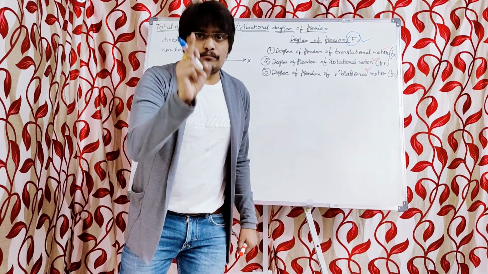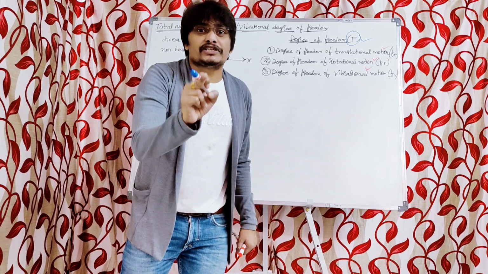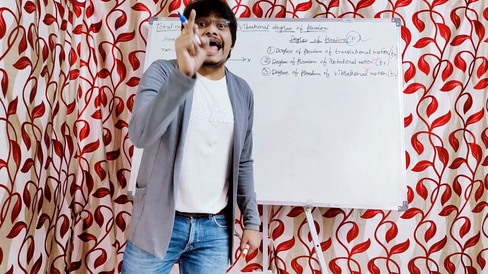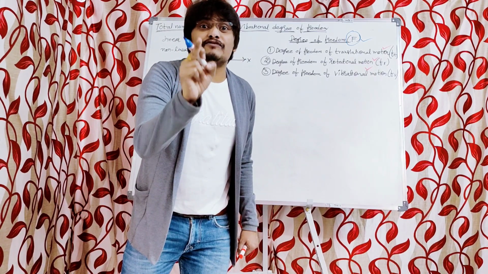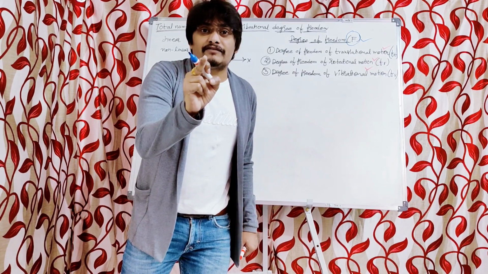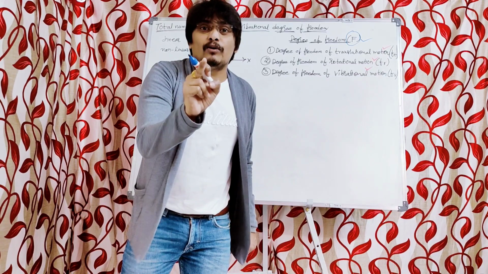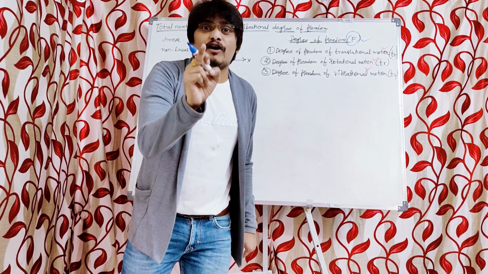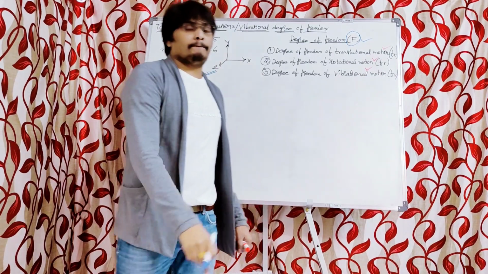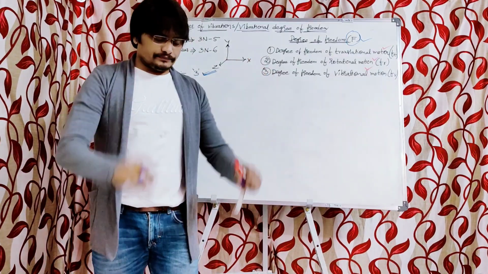But the degree of freedom of vibrational motion, represented by Fv, is only produced at high temperatures. Whenever high temperature is supplied to the molecule, only then is this particular degree of freedom possible in the molecule. I hope you got it.